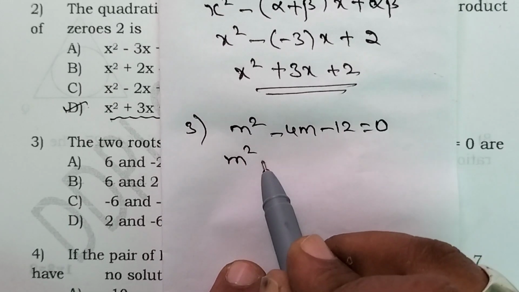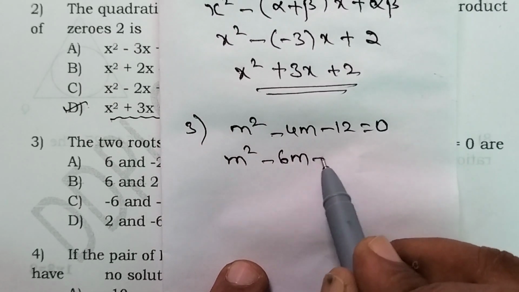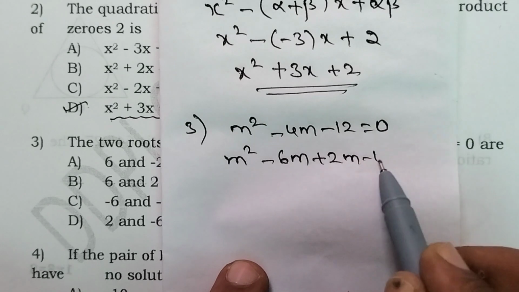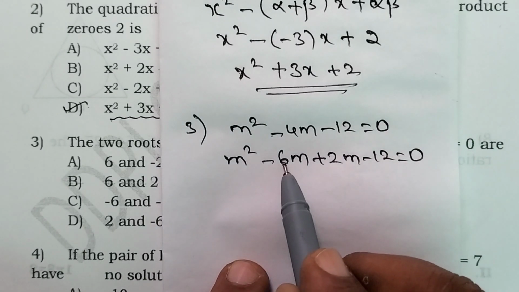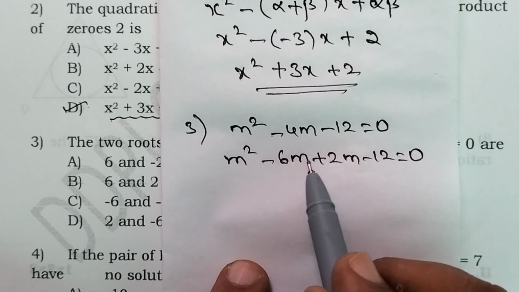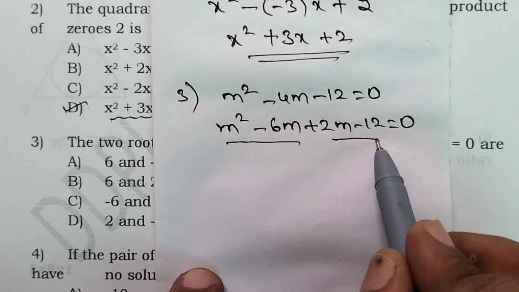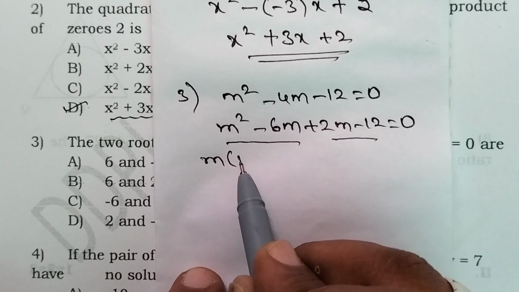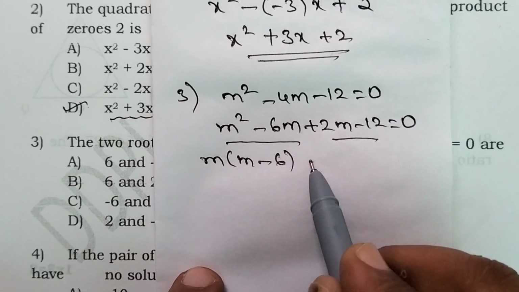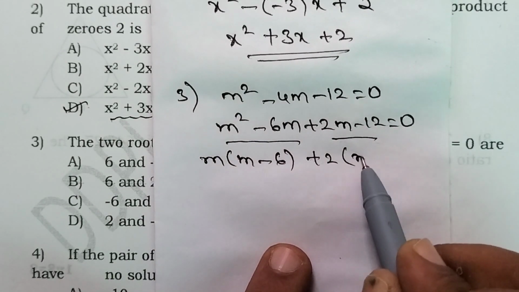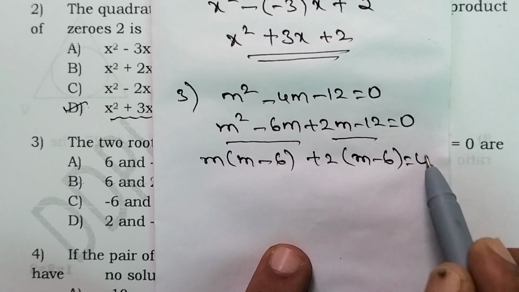So m squared minus 6m plus 2m minus 12 is equal to 0. 6 twos are 12, and minus 6m plus 2m is minus 4m. Make these two one group and these two one group. Take m common: m minus 6, plus 2 common: m minus 6, which is equal to 0.